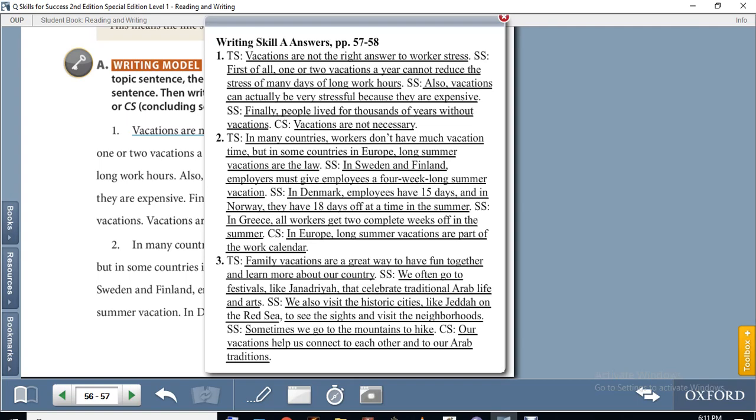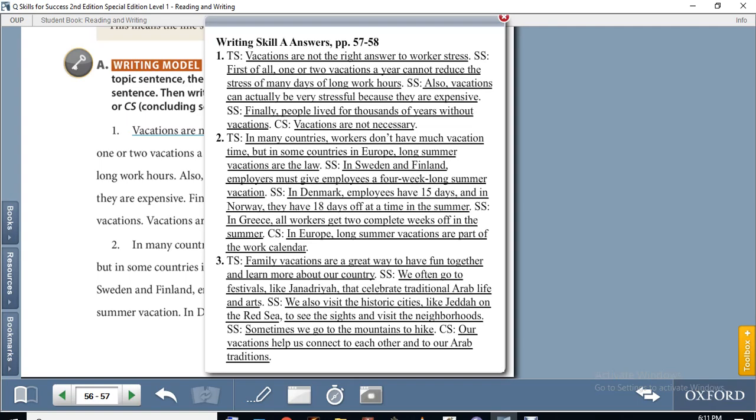Paragraph 3, sentence 1 is the topic sentence, TS. "Family vacations are a great way to have fun together and learn more about our country." Next sentence is supporting sentence, SS. "We often go to a festival like Janadriyah that celebrates traditional Arab life and arts." The next sentence, also supporting sentence, SS.